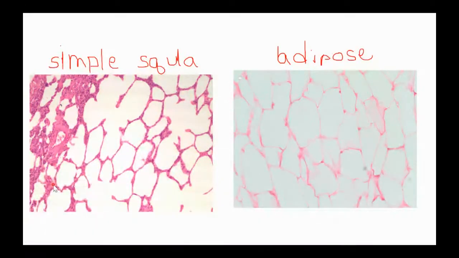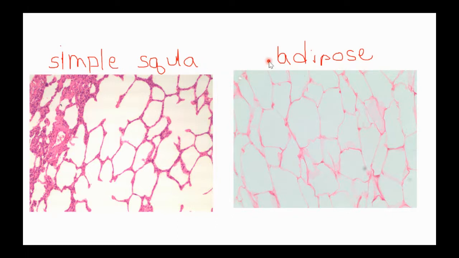Okay, I want every single one of you to write this down somewhere on your lab packet or on where we're taking notes. This is what I need you to write down. I need you to write down, compare adipose, loose connective tissue, to simple squamous epithelium. I'll say it again.